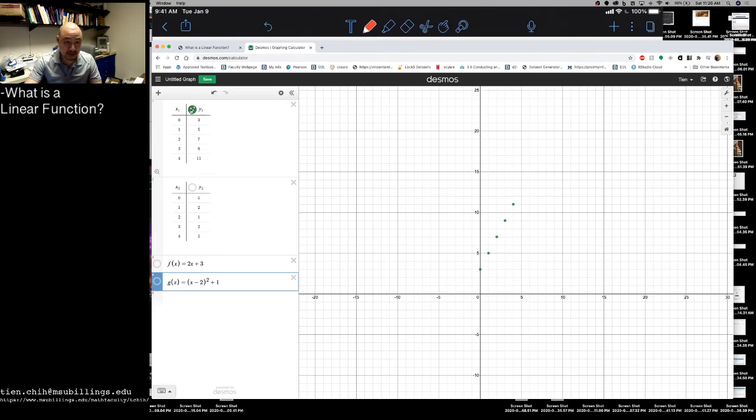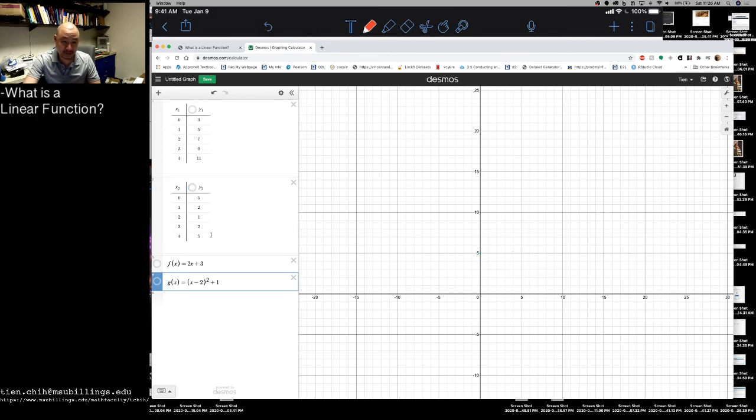Now, if I go over to the second set of points that I have laid out, we see that it goes down and then it goes down and then up and up. It does look like this function is curving a little bit, right? It doesn't look like these points come from a straight line.